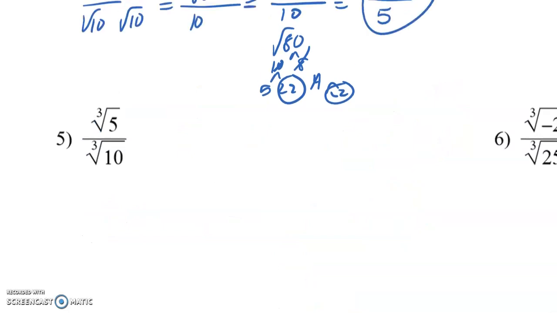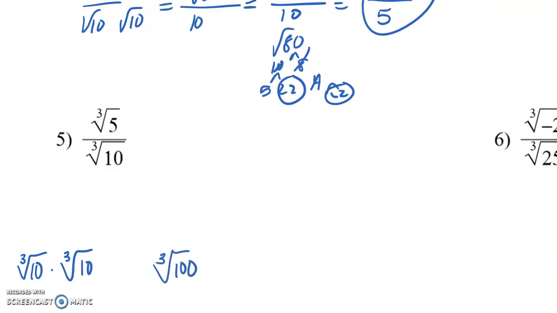Right, now we're going to come to a new concept. We haven't really probably ever rationalized the denominator of a higher index or a higher root. It's exactly the same concept, but if we're dealing with cubes and I only multiply this by 2, that's going to give me the cube root of 100.